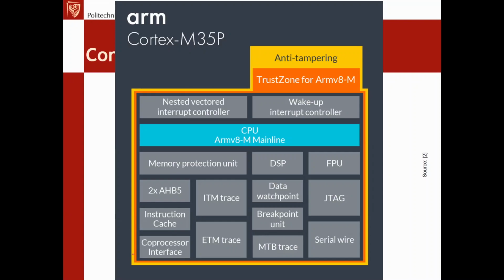So the M35P is the response to this problem. It's protecting the access to the TrustZone. More or less, it's about this.